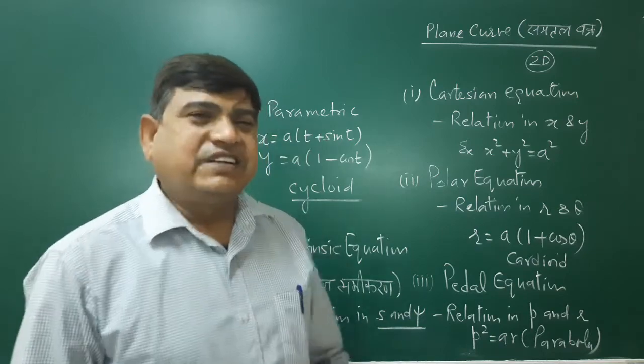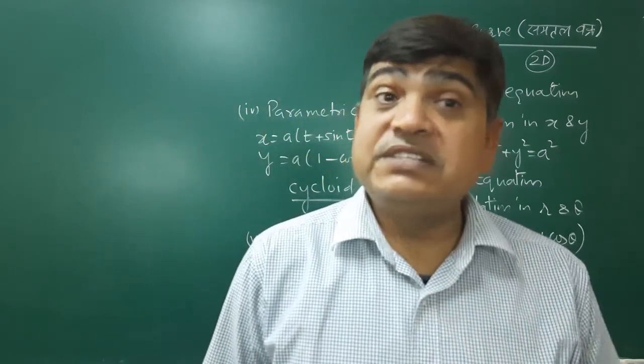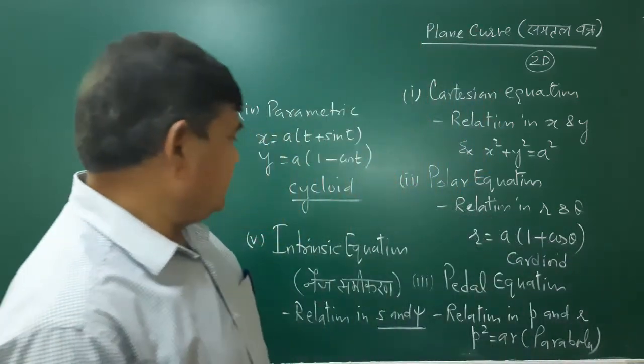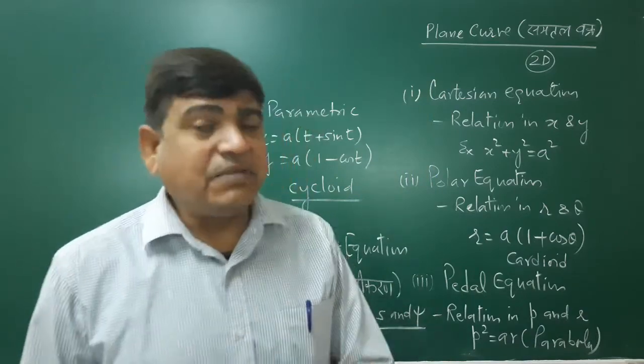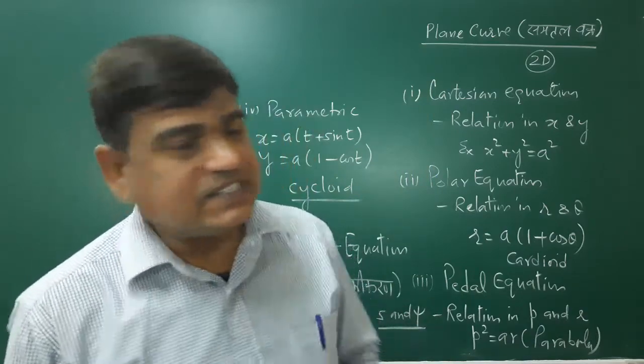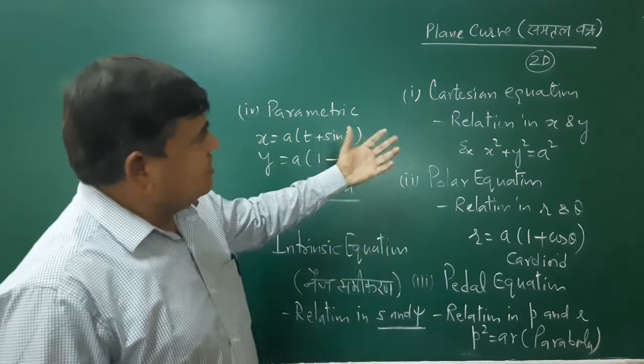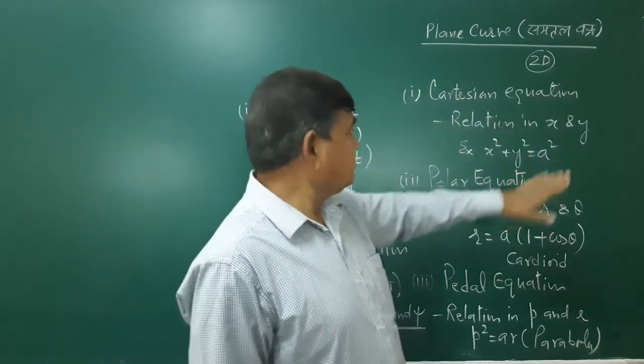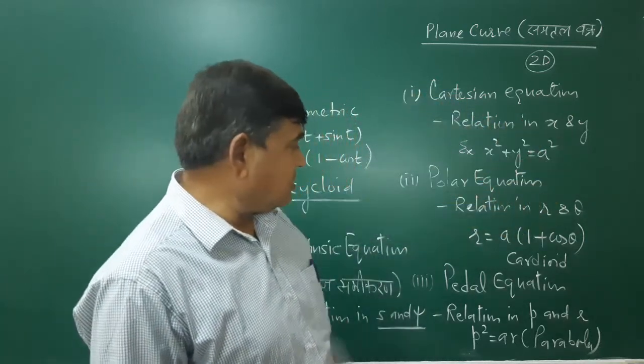What is s? The length of the arc measured from the fixed point, and psi, the angle made by the tangent with x-axis. Okay, so Cartesian equation, polar equation, pedal equation, parametric equation, intrinsic equation.